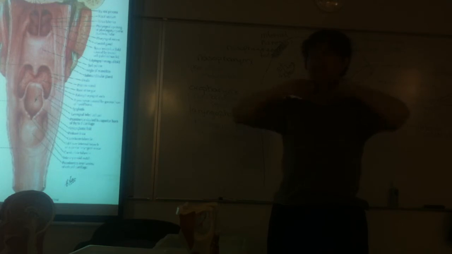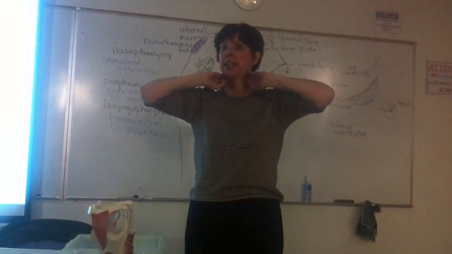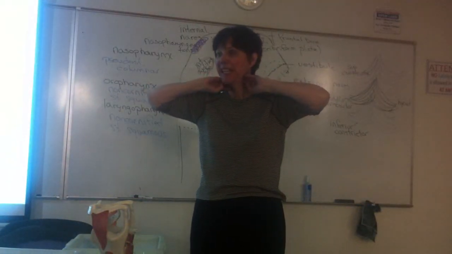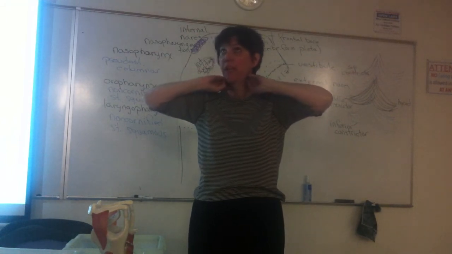But in the cadaver with the skin removed, you can take your fingers and pass them behind the trachea, behind the esophagus, and there is a fascial space. You can actually pull the trachea and the esophagus forward and away from the vertebral bodies. Feels a little weird right now.